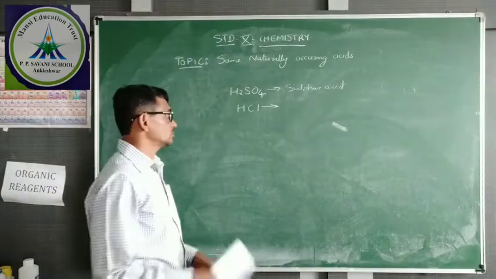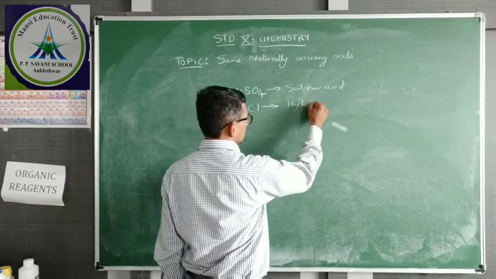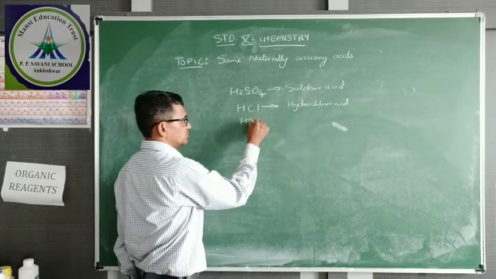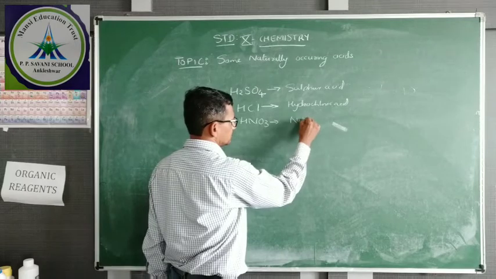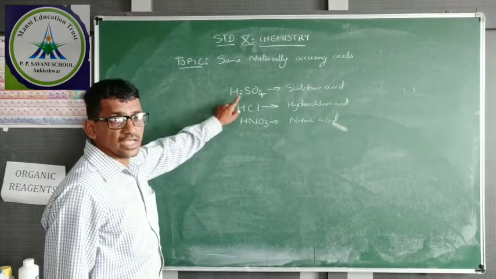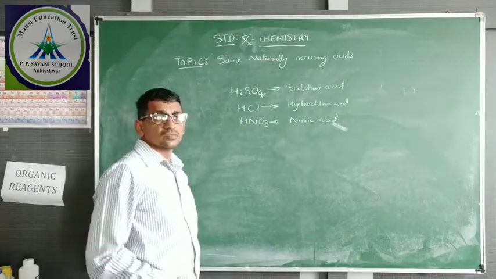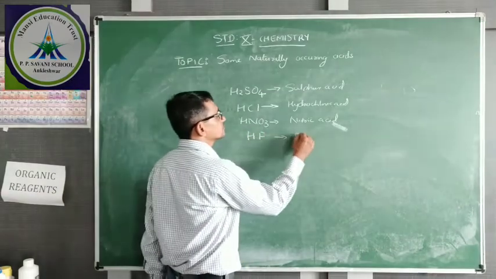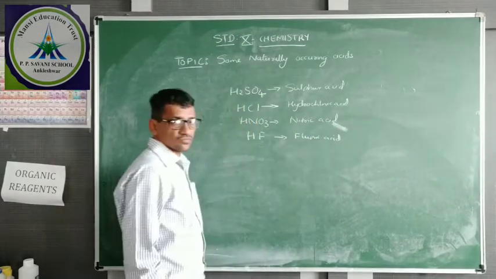Sulfuric acid is made by the contact process. HCl, hydrochloric acid. HNO3, nitric acid. Another acid is HF, hydrofluoric acid or hydrogen fluoride.